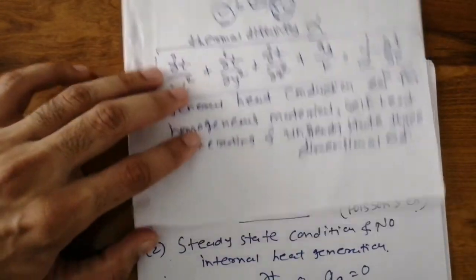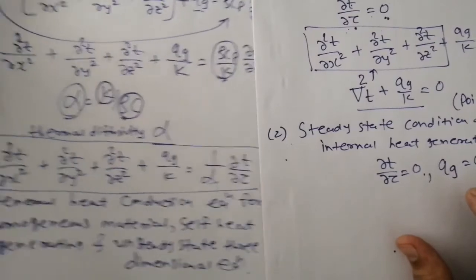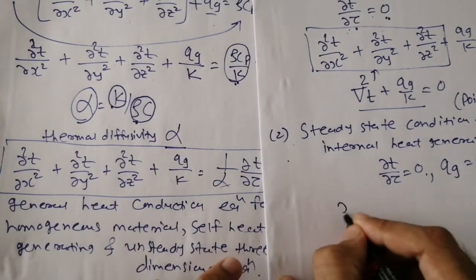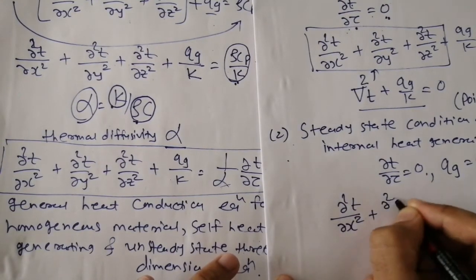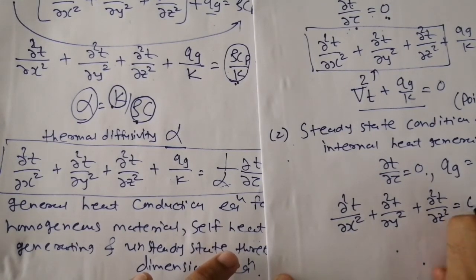Now what will be our equation after reducing? Since del T by del tau is 0 and QG is 0, those terms will be 0. So we write del square T by del x square plus del square T by del y square plus del square T by del z square is equal to 0.